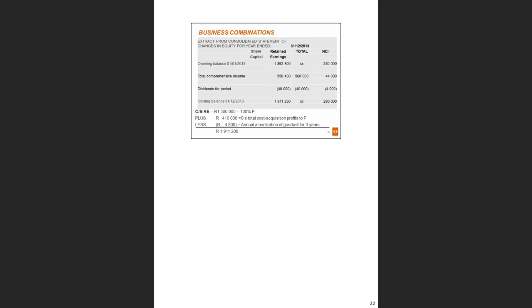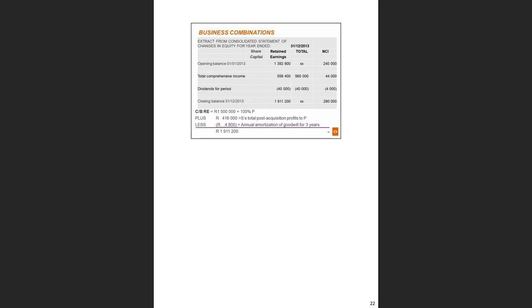So that is going to give us 4,800, being annual Goodwill amortization of 1,600 multiplied by 3. If we take this into account, P plus S minus the amortization of Goodwill, which would have been processed in prior years, this is going to give us a closing balance of retained earnings of 1,911,200 Rand. So this is the closing balance.